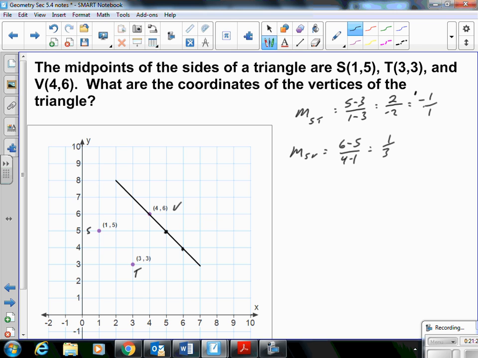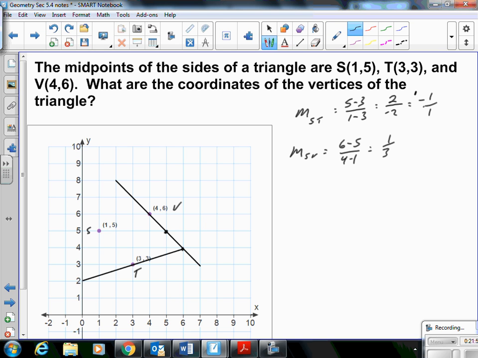So we're doing the slope of SV, and we're going to use that slope at point T. So from T, we're going to go up 1 and over 3, which will actually put us right here at this point that we already used. So that'll allow us to draw a line there.